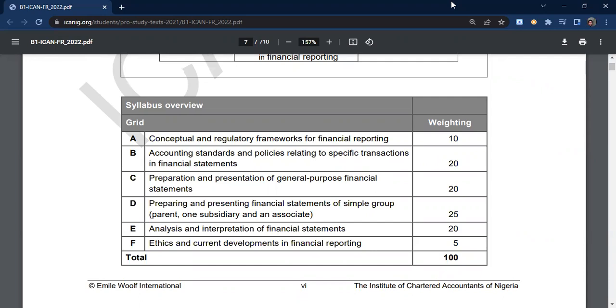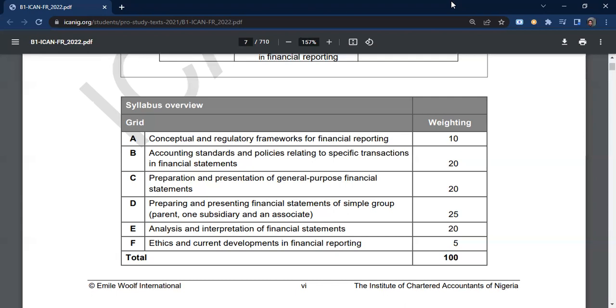What I'm doing now is the overview, not the in-depth look at each of these sections of the syllabus. We are going to look at it section by section.